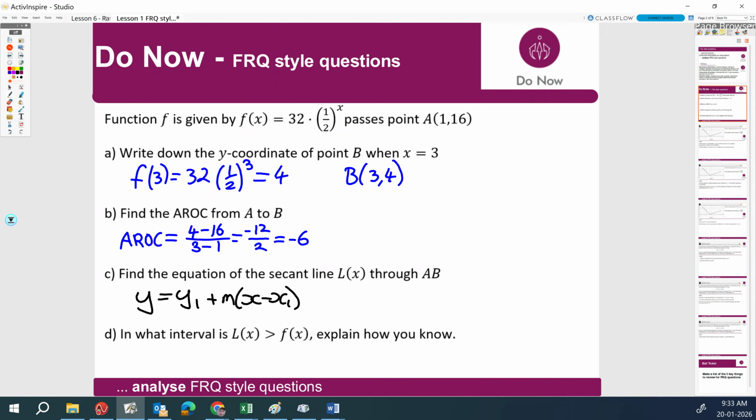So we need to find the secant line's equation, L of x. L of x is going to be equal to, and we could use either of these 2 points. It doesn't matter which of these 2 points that we use.